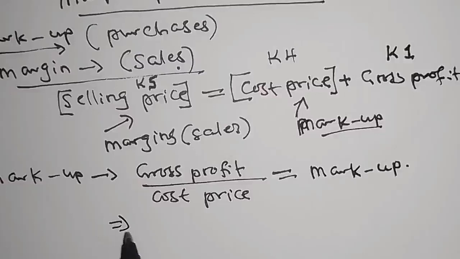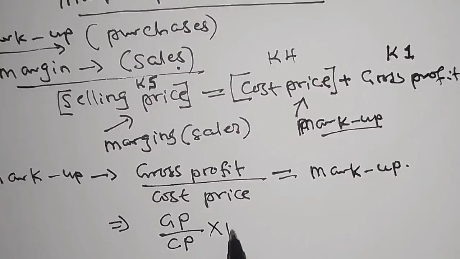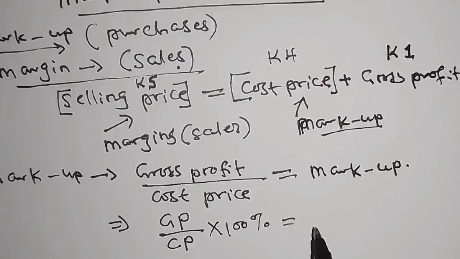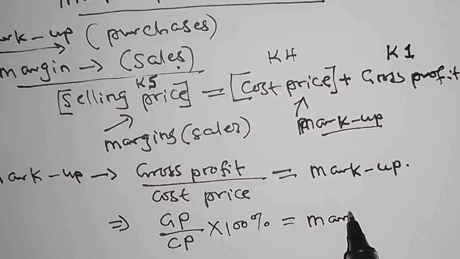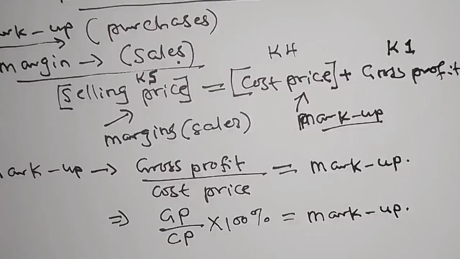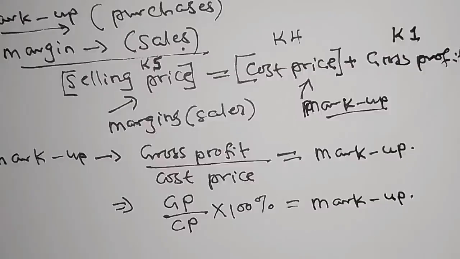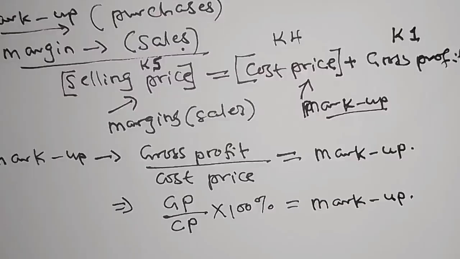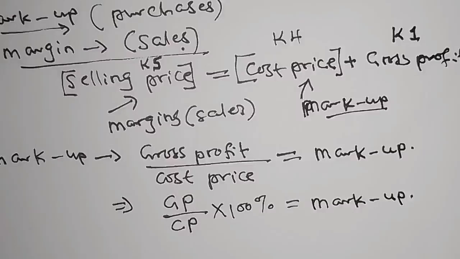So you say gross profit over the cost price, CP, multiplied by 100, and this gives you the markup. So the markup has to do with the cost price. When you know the markup, you can understand how much you can be selling your product.